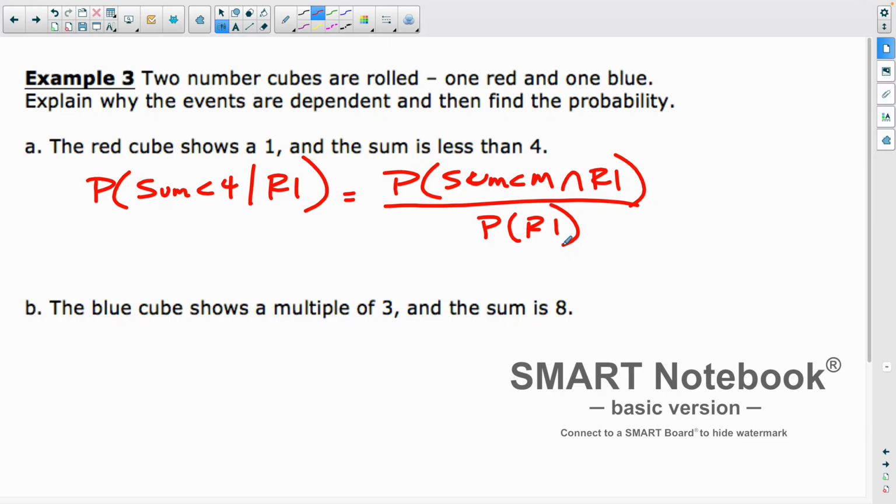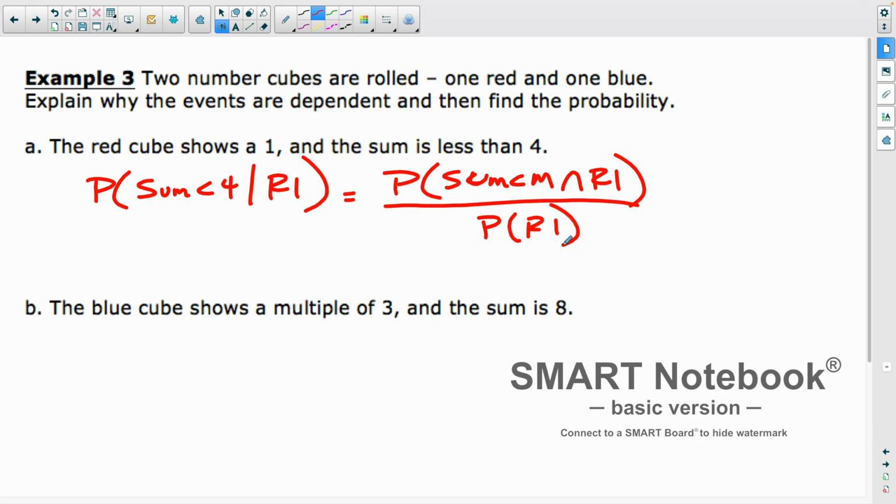So I could write it like that. Now, I'm going to show you both of these. You could think through this one logically, or we could use our formula. We can use our sample space diagram from yesterday to help us with this as well. So if that 1 is already in place, then how many results could I have when I roll this one?